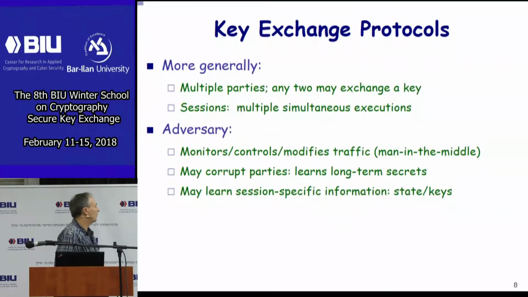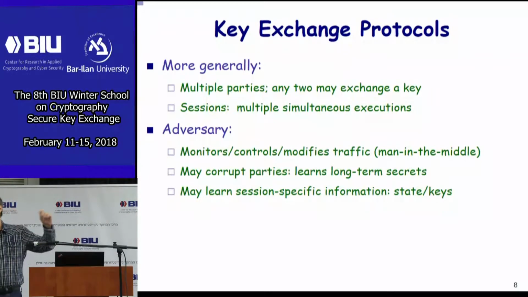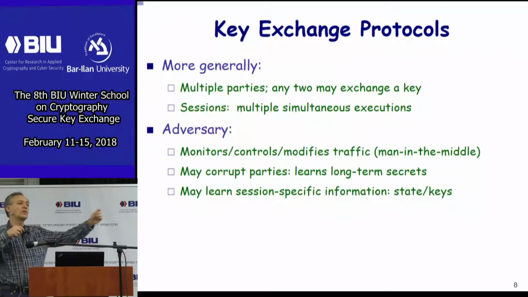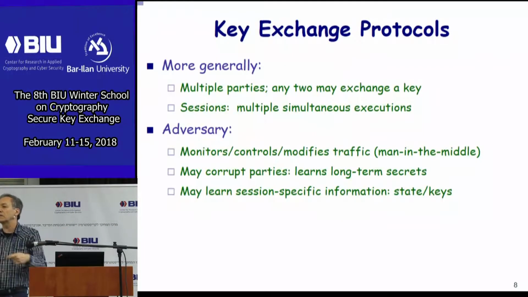We want to talk about adversaries that act. They can monitor the communication going between parties. They control everything in the network in the sense of timing, and even deciding which parties will exchange shares, which sessions will start at some point, when they will stop, how they will interleave sessions, etc.